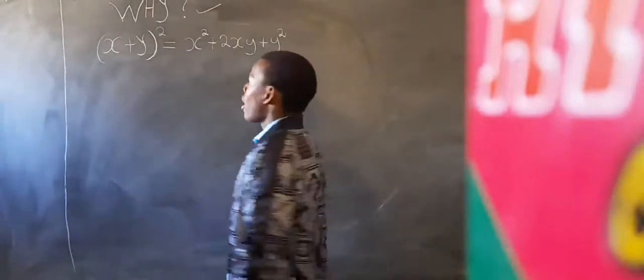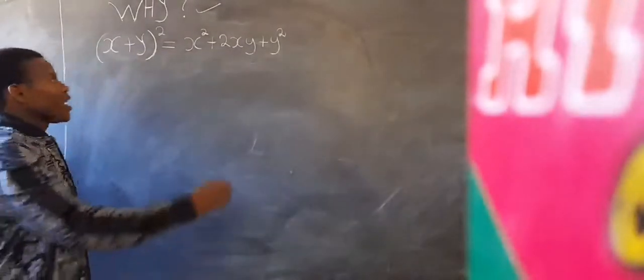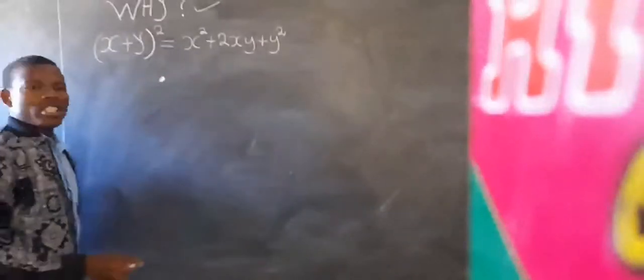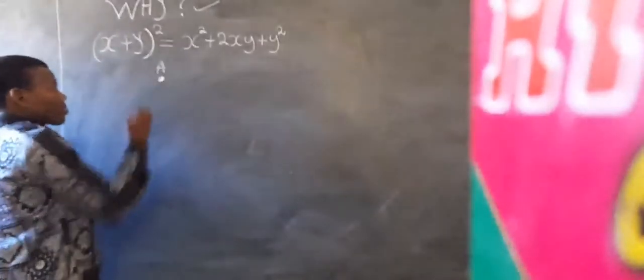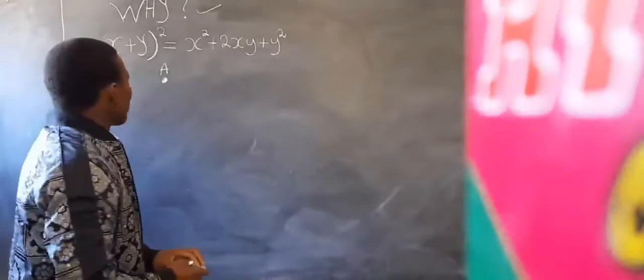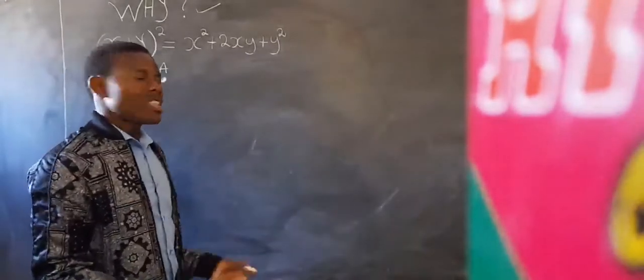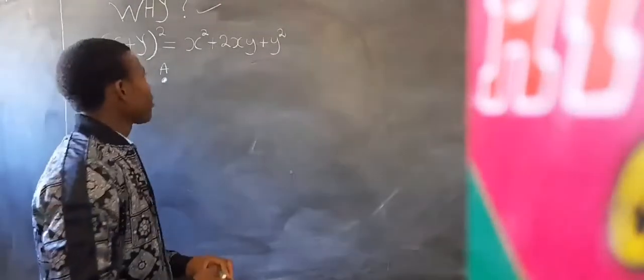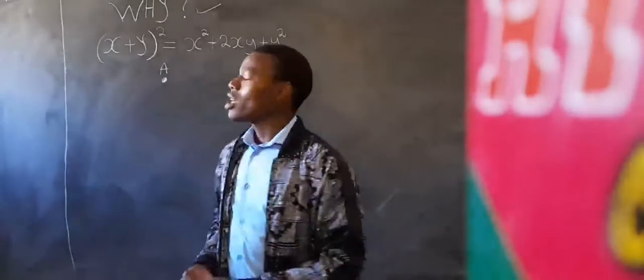For example, I have to explain the word point. Let's have this point. Let's say this is point A, and let's say there is also point B, but the distance between A and B is 0.